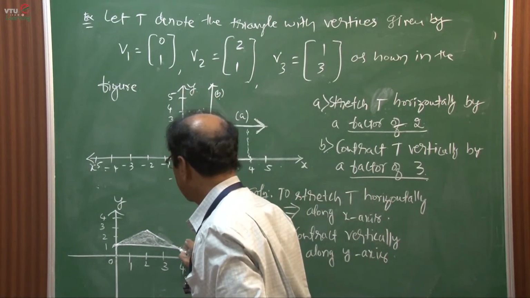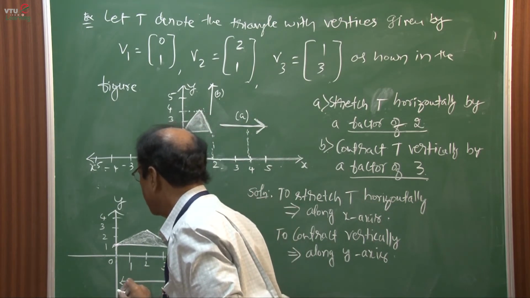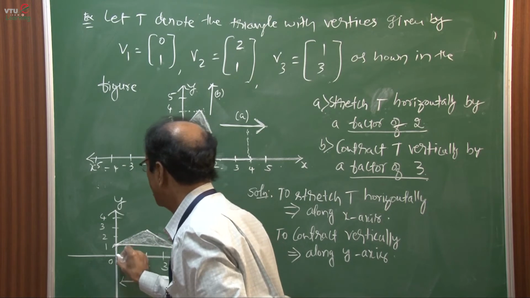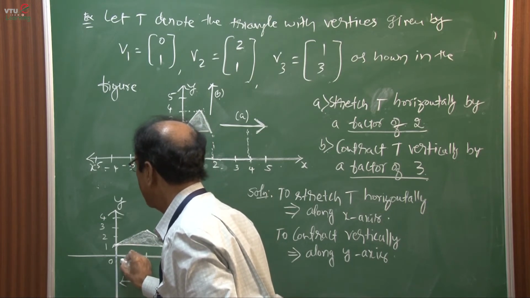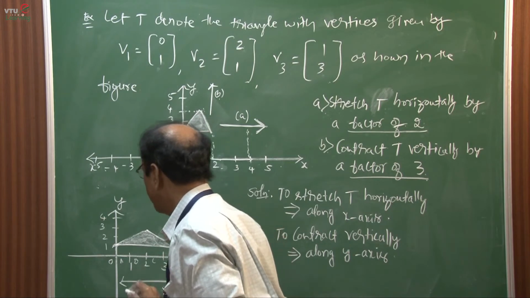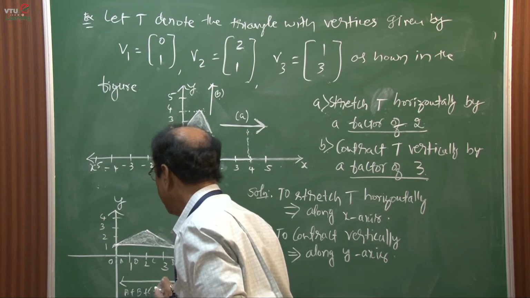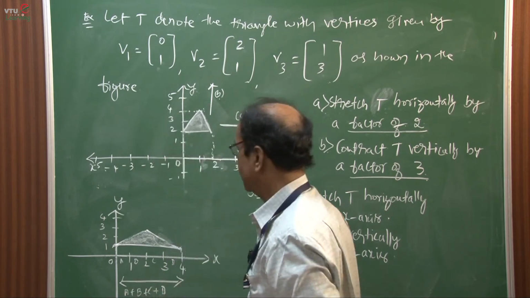So this is up to 4. This length you can take as 0 to 4, that means one spacing. This is A, this is B, this is C and this is D. Therefore A plus B plus C plus D you can represent.